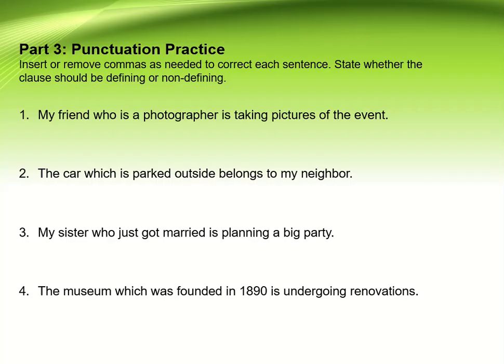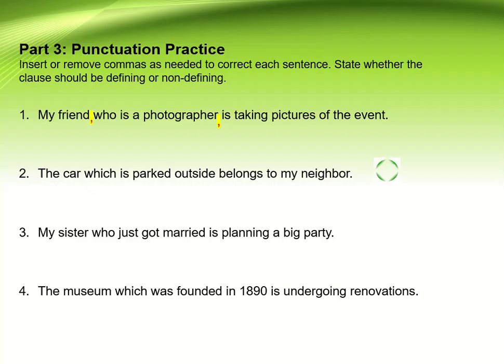Insert or remove commas as needed to correct each sentence. State whether the clause should be defining or not defining. My friend who is a photographer is taking pictures of the event. Very good. We need to put commas: my friend, who is a photographer, is taking pictures of the event.